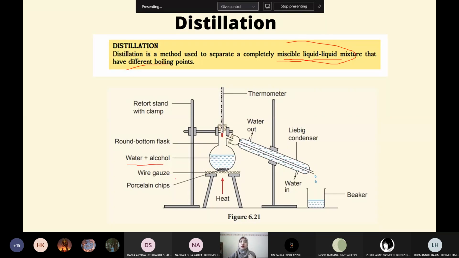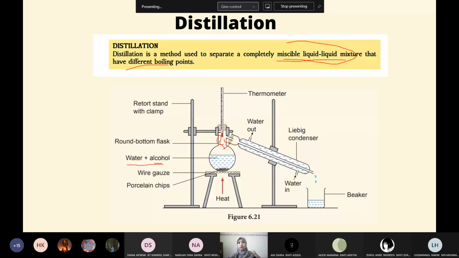So firstly, how distillation works. In this round bottom flask, we heat this mixture until it reaches the boiling point of alcohol, because alcohol has a lower boiling point than water. So alcohol will boil first. When it boils, it will form gas or steam.